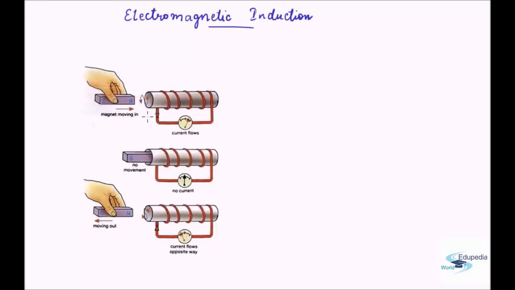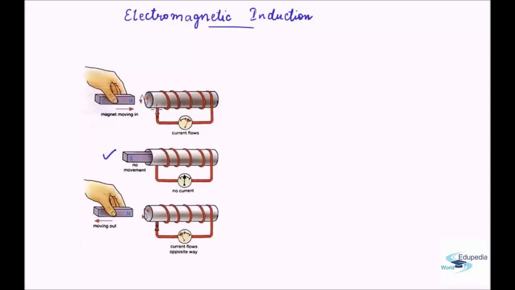Thereby the inference he developed was that if there is relative motion between the bar magnet and the coil, a current is produced. If there is no relative motion, then no current is generated. So this is the holistic picture of electromagnetic induction: something is happening with the magnetic field that results in the production of electricity.